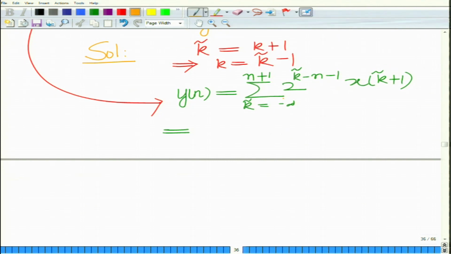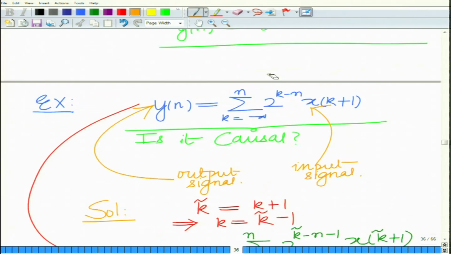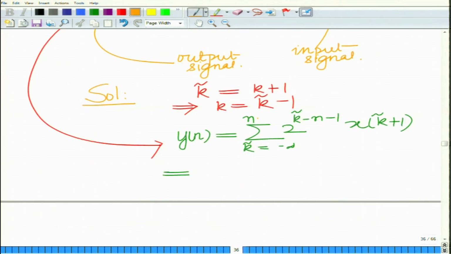Now separate the term corresponding to k tilde equals n plus 1.